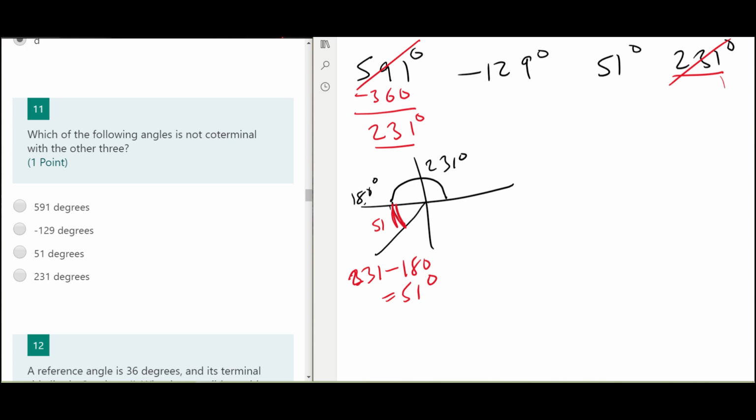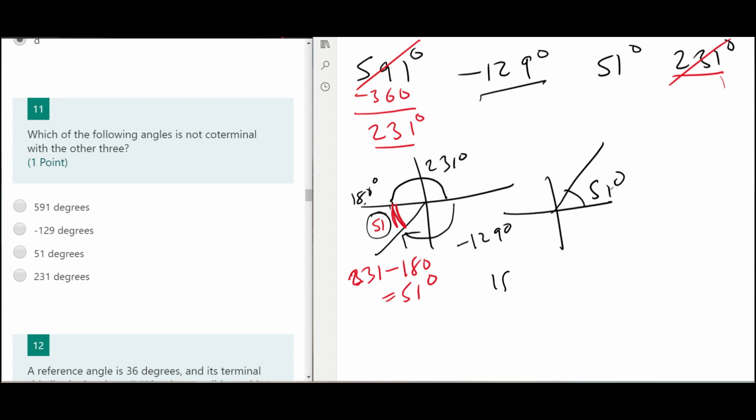This does not mean that that's the answer. This is not coterminal because this angle, 51 degrees, is only from here to here, right? This is 51 degrees if you were to graph it. So that is definitely not coterminal. And negative 129 is actually this angle right here. That's negative 129. So how did I get that? Because 180 minus 51 is 129.